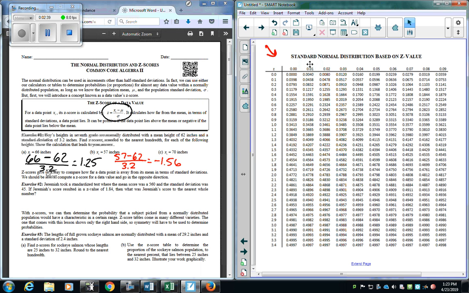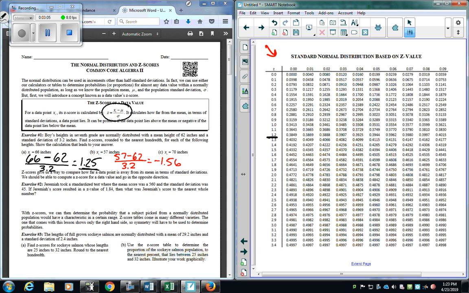But now we're going to talk about how to find the decimal value for the percentages that these numbers fall at. You notice that it says 1.25 for this first one. To find 1.25 on this chart, you go to the z-value for the first two digits, which is 1.2, and then you go over to 0.05.